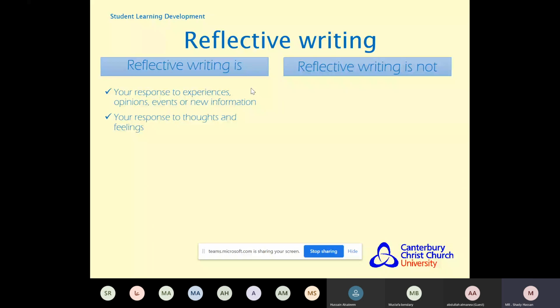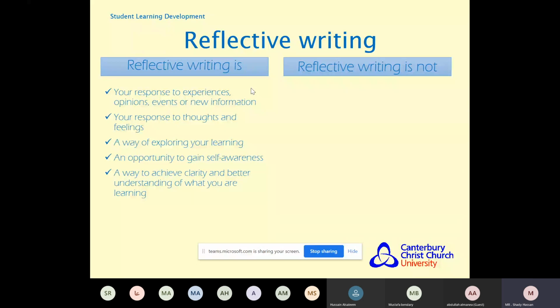Okay, your response, your point of view about this, your response to thoughts and feelings. Okay, a way of exploring your learning, an opportunity to gain self-awareness because you're checking your experience about this topic, a way to achieve clarity and better understanding of what you are learning.